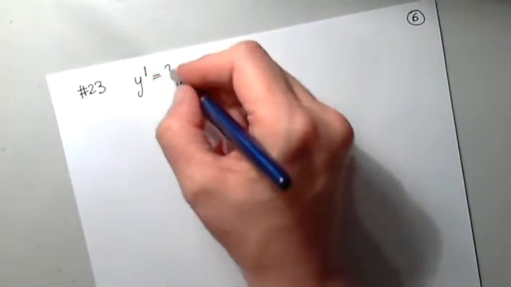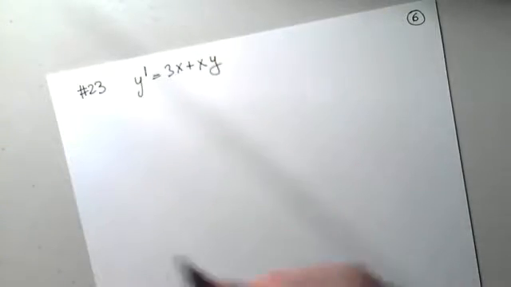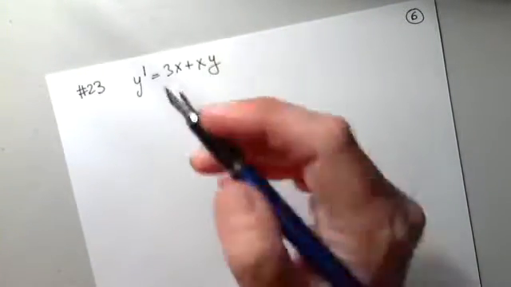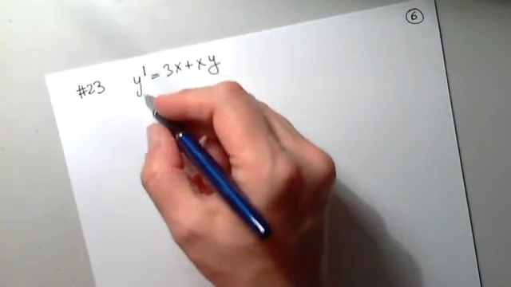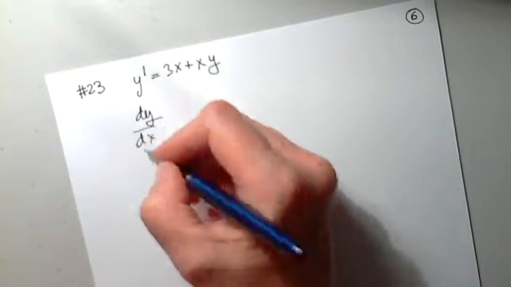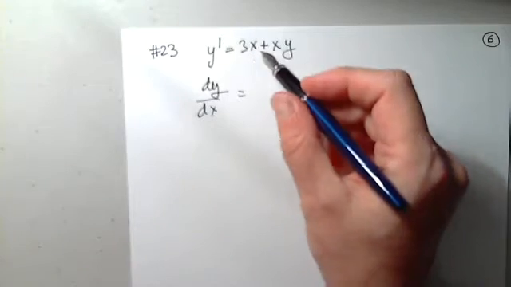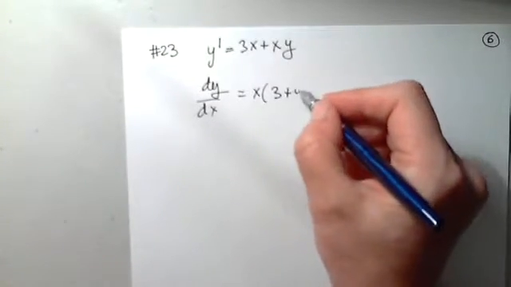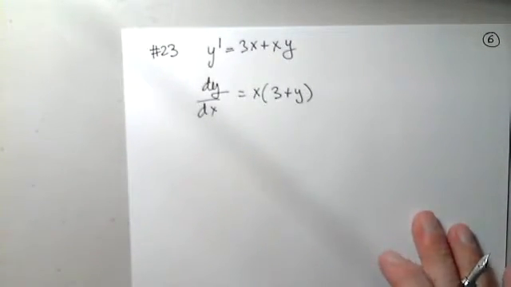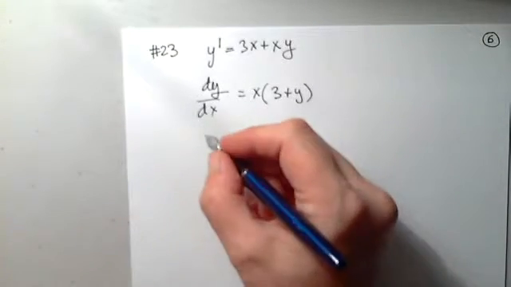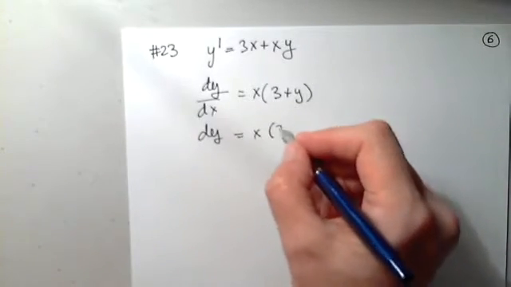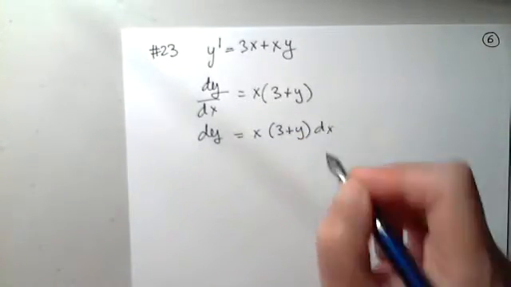In problem 23, we have y prime equals 3x plus xy. First thing I have to do is replace y prime by dy over dx. Secondly, I will have to factor out x. I need to separate the variables. First, I will cross multiply. dy equals x times 3 plus y dx.